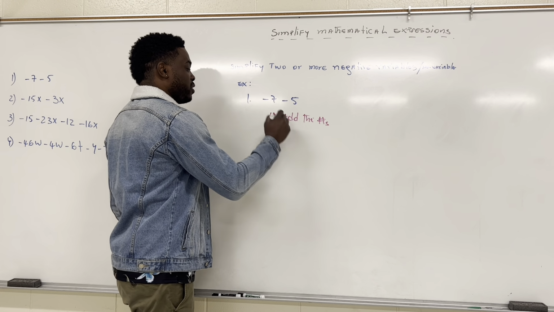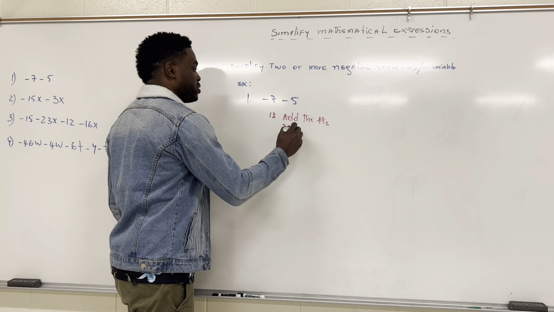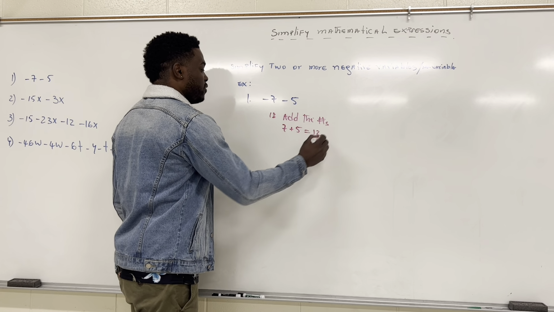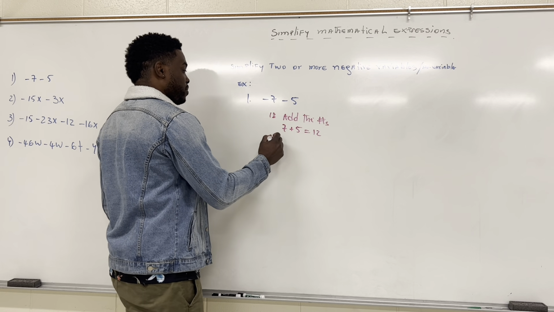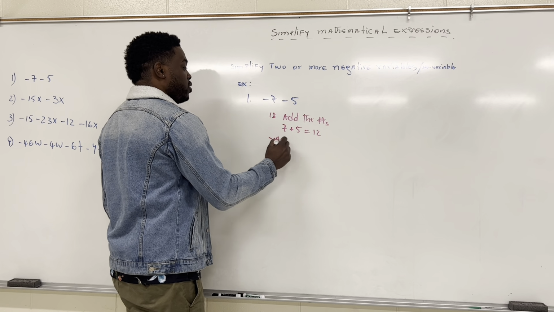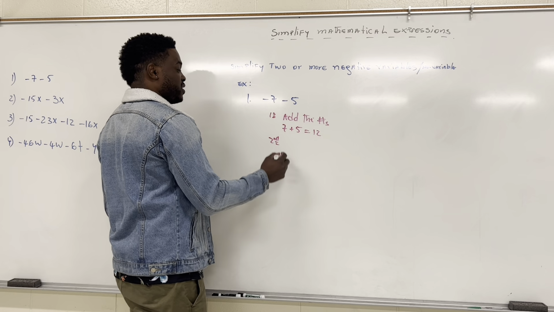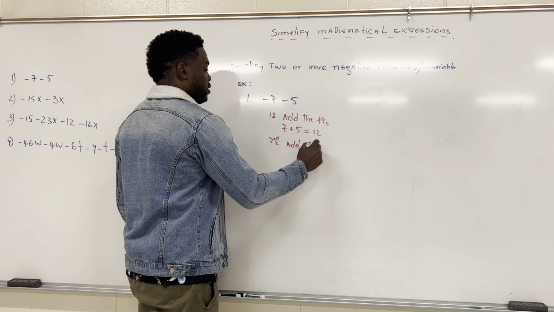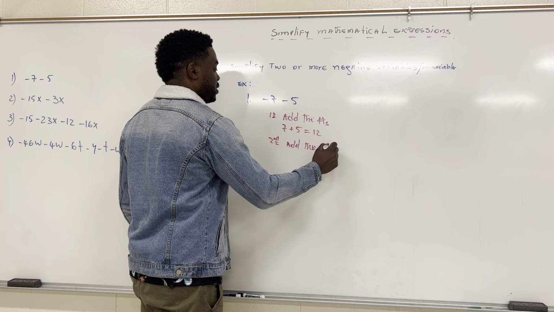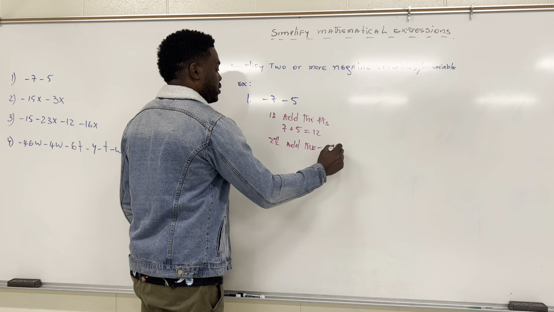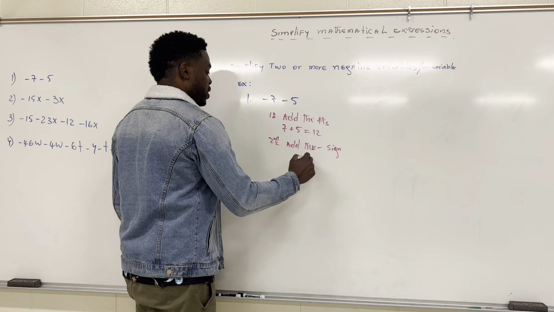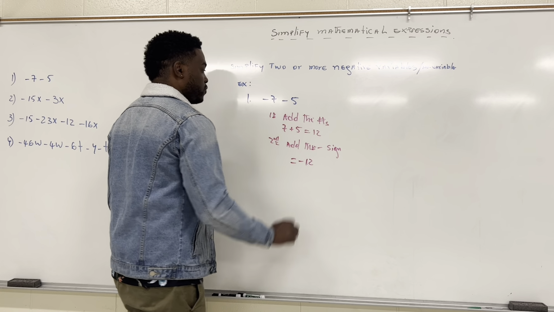When you add 7 plus 5, which is 12. And then second, you need to add the negative sign, which equals negative 12.